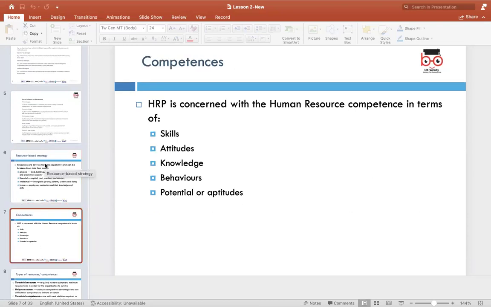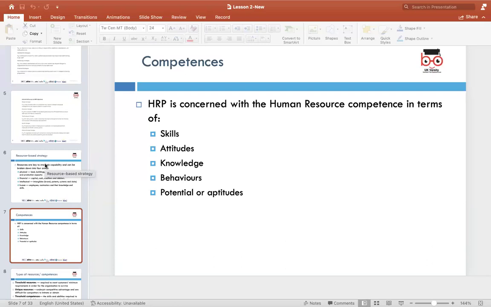Now they're going to be talking about different competencies in HR planning. HR planning is concerned with human resource competencies, in terms of people having the correct skills to get the job done. For example, if the company plans to increase profits by, say, 10% next year, HR has to align its plans with the company's plans.